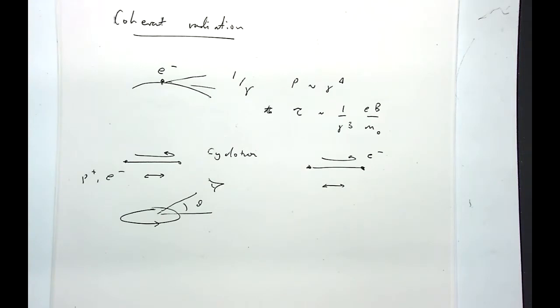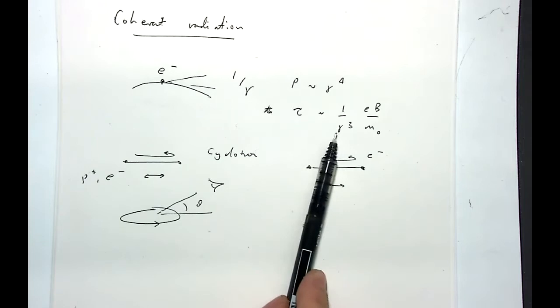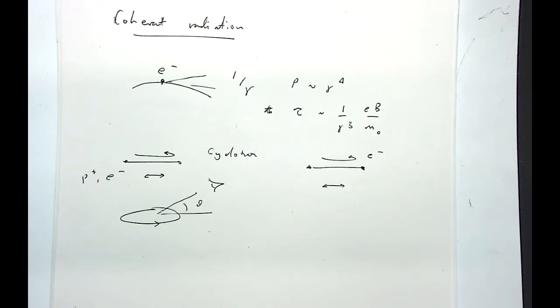So if I go down to Oxford and I stand at the same height as the electrons in the hall of the synchrotron radiation source there, it's called Diamond, then if I observe at that height, I will see linearly polarized radiation, but if I look slightly above or slightly below, it doesn't have to be a great deal above or below, I will start to see elliptically polarized light coming off. But importantly, the wavelengths are all different. They're extended into a much higher energy band, proportional to gamma cubed.